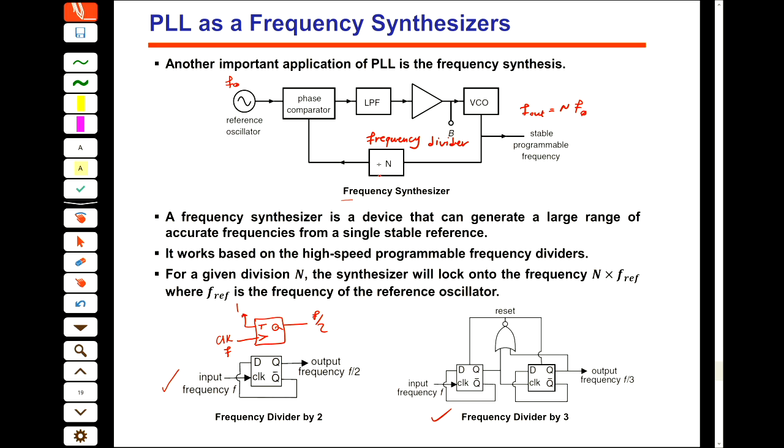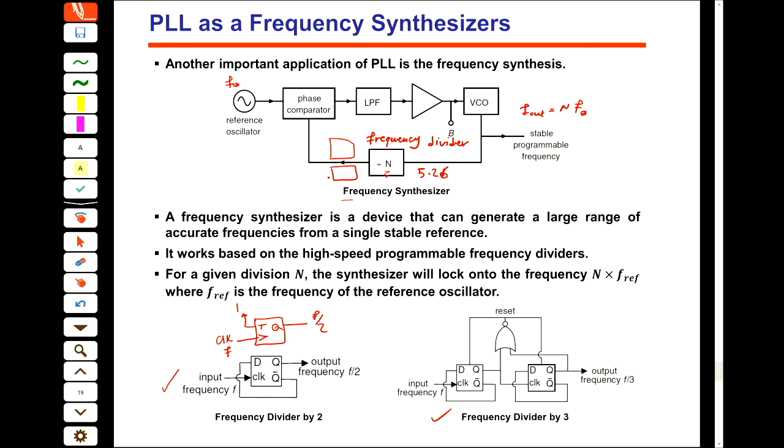Also, we have a fractional synthesizer. I mean, this value could be not only an integer. It could be, for example, I don't know, 5.26. Okay. So it has other dividers. So two dividers here, and then the division between these two.